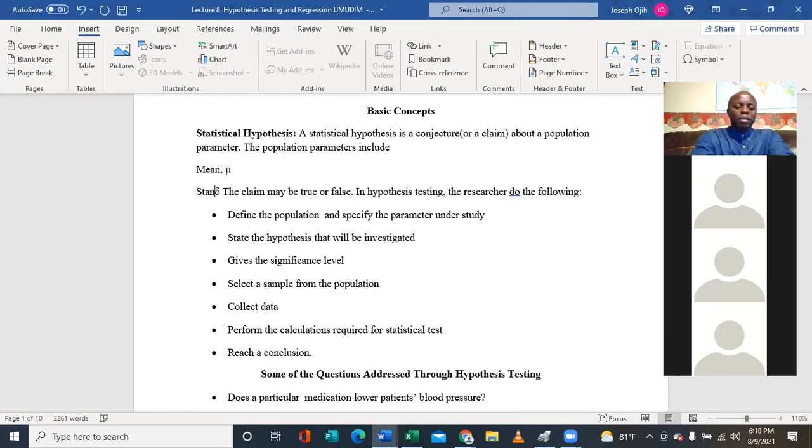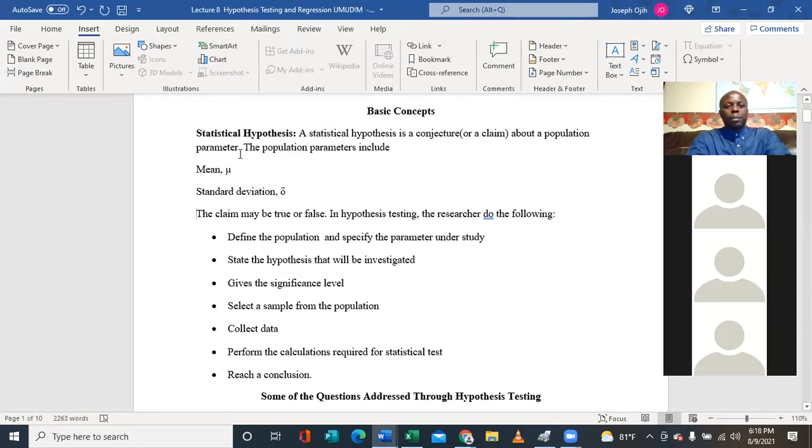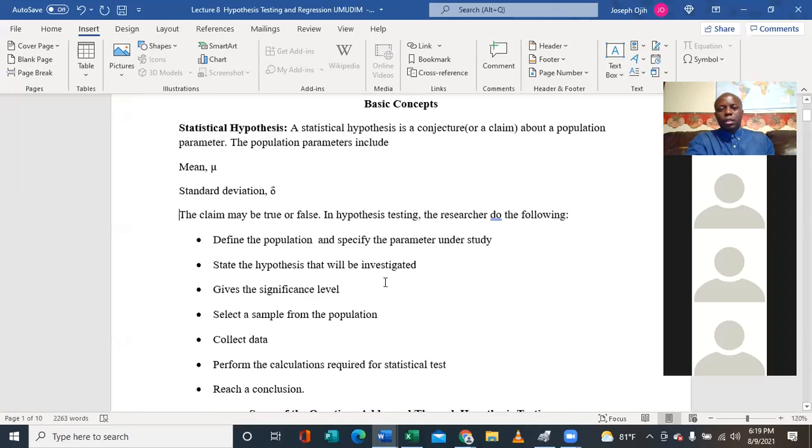So these are the things we have been dealing with since this class started. The numerical estimate of population characteristics, we call them parameters. See, these are population parameters: mean, standard deviation, and so on, that give us a numerical description of the population characteristics.